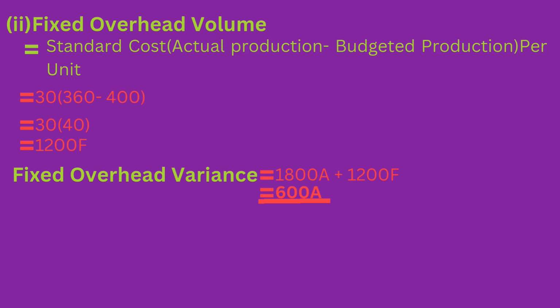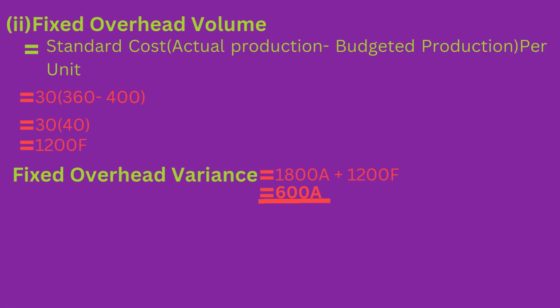The second one in the fixed overhead variance is the fixed overhead volume variance, which is given by standard cost into actual production minus budgeted production per unit. In our example, the standard cost is 30, which will be calculated as standard cost per hour, which is 15, multiplied by standard hours per unit, which is 2, to get the standard cost, which is 30.